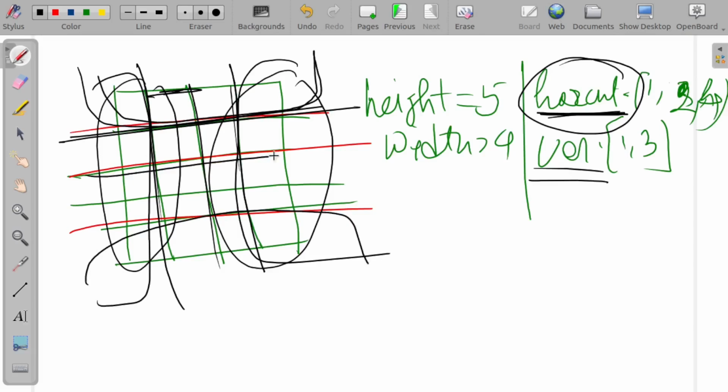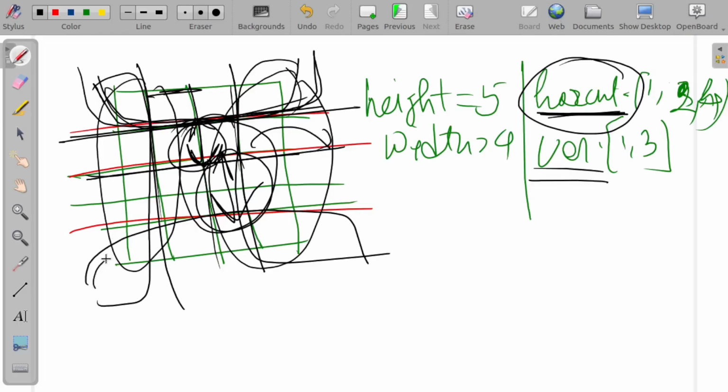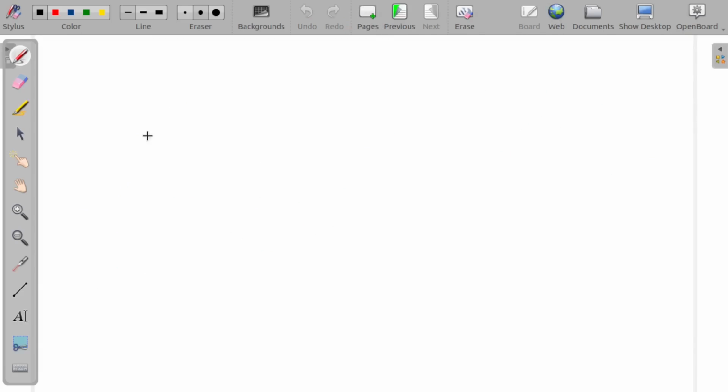I check whether it is greater than the previous one or the next one. If it is the maximum, the value gets updated, and otherwise it stays the same. So first I dry run that, and then I implement my logic.